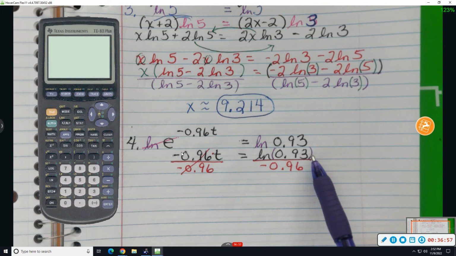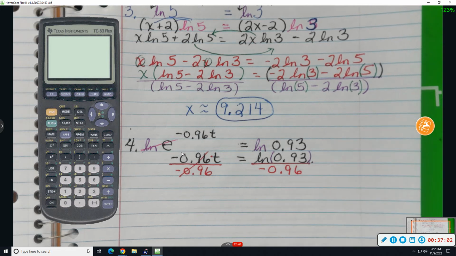If you don't close that parenthesis, it's going to give you an error, I believe. Let me punch it in wrong. ln 0.93, if I forget to close those parentheses, divided by negative 0.96, look what it does.